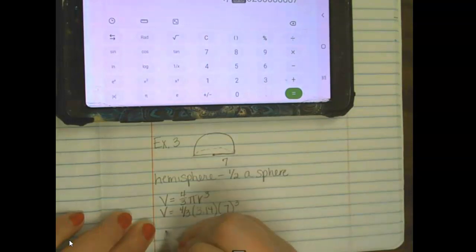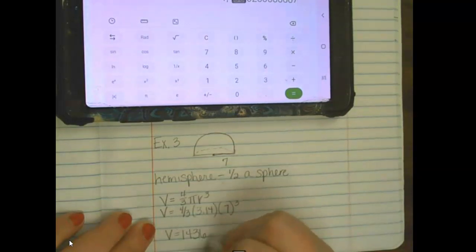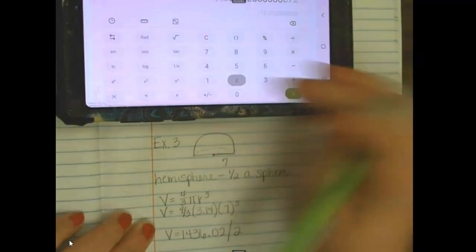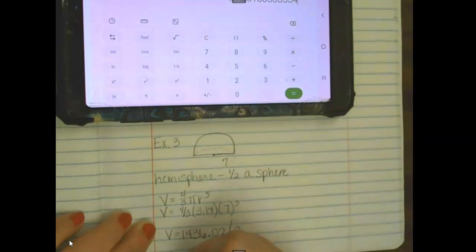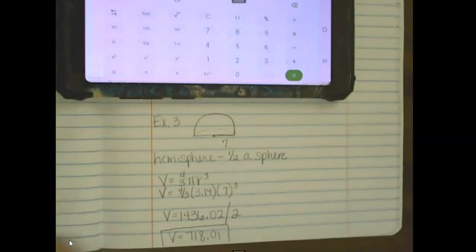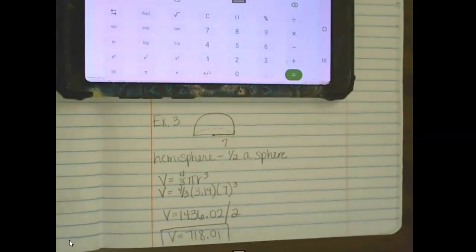That gives me a volume, but then I need to do half of it. So I'll take that number, push divide by 2, and I get a total volume of 718.01. Oh, sorry, went off page. Hemisphere is just doing half of it.